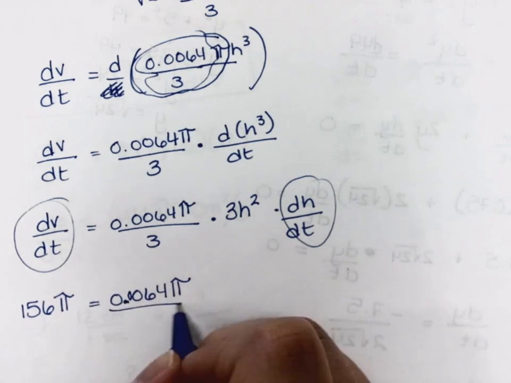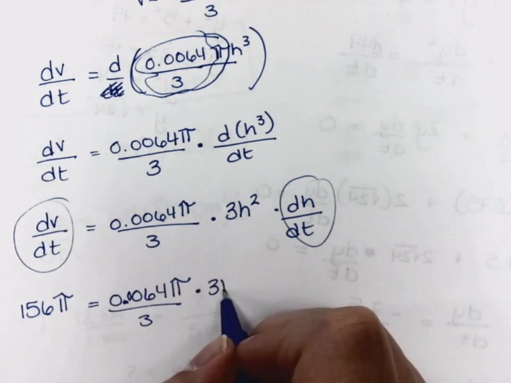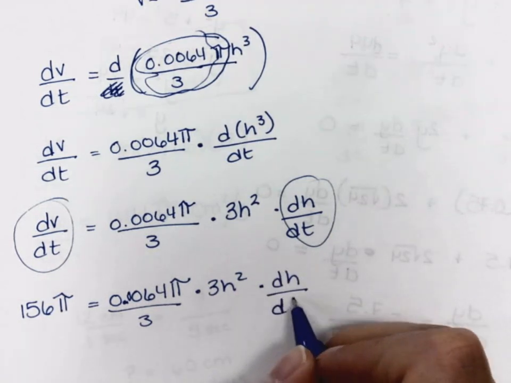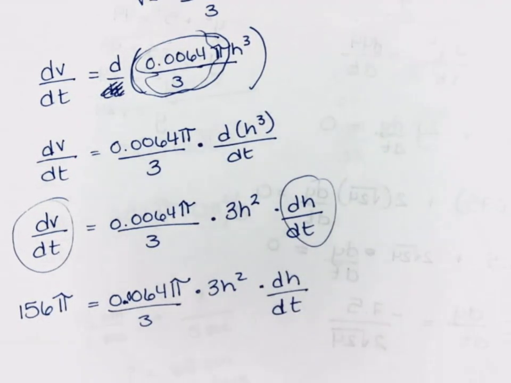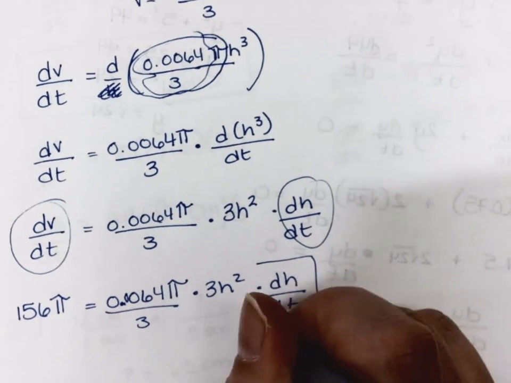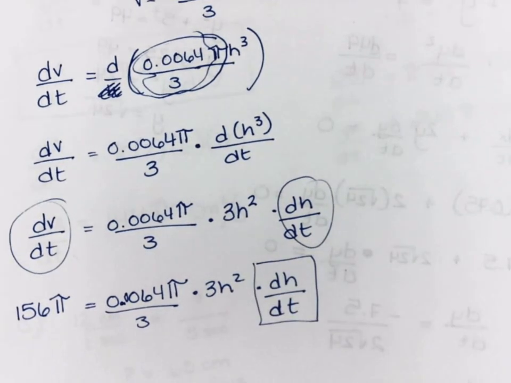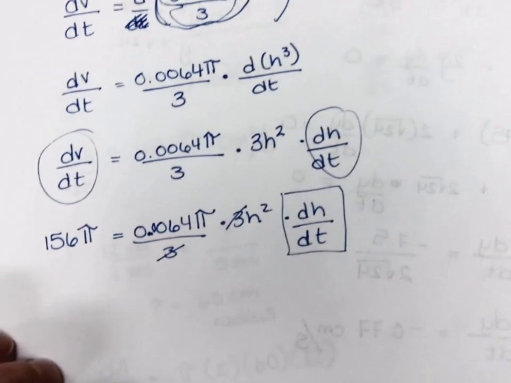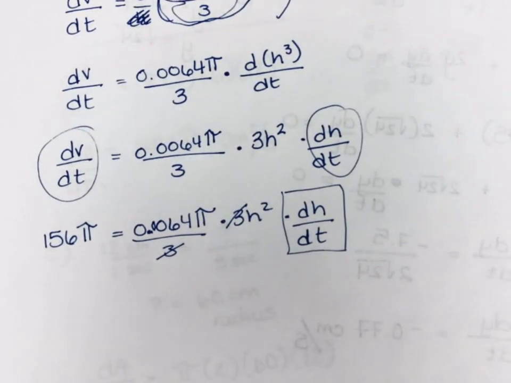I'm going to cram that in there. Okay, can we isolate that ratio? I think we can. We still have an h variable, right? That's okay, we're still going to have an h variable.